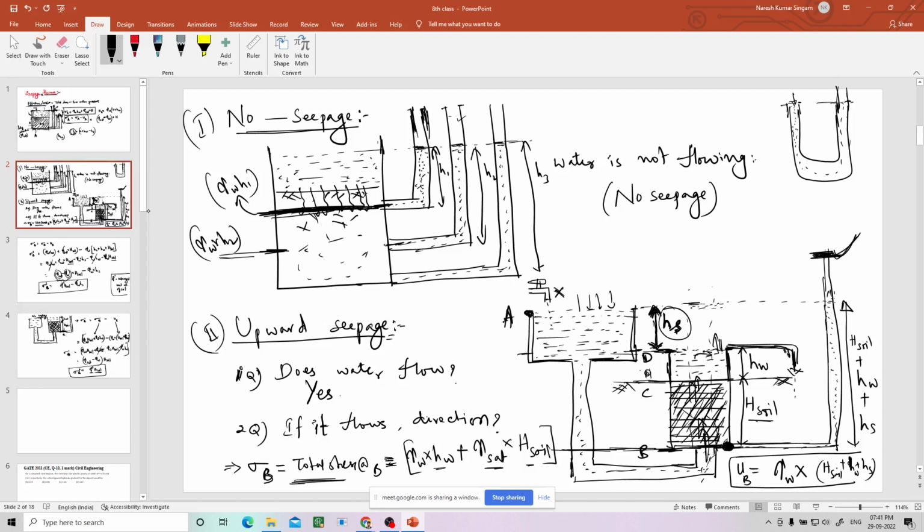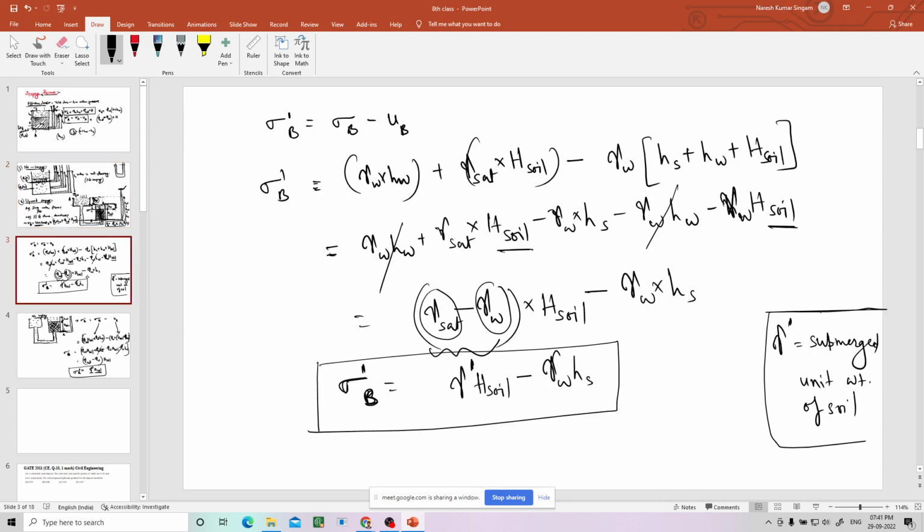Then we have calculated total unit weight, total stress at B. What is the total stress? Gamma W into HW, this part, and gamma saturated into H soil, this part. Okay, then what happened? So by deducting the pore water pressure, at the end we got this.